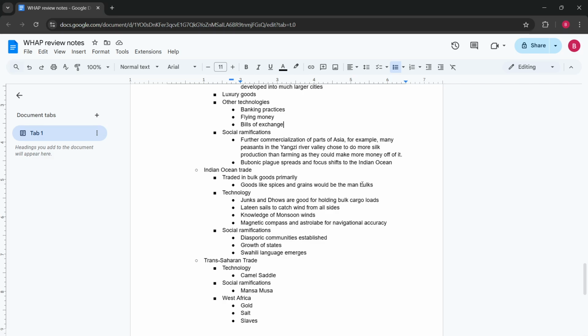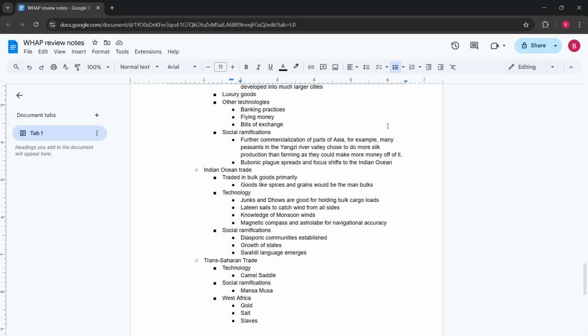And the Swahili language emerges, which, as we talked about before, is a mixture of the more spoken languages that were used, added onto an Arabic script, and Swahili develops further as they work more with the Muslims.